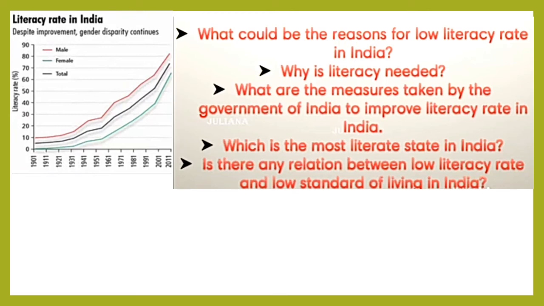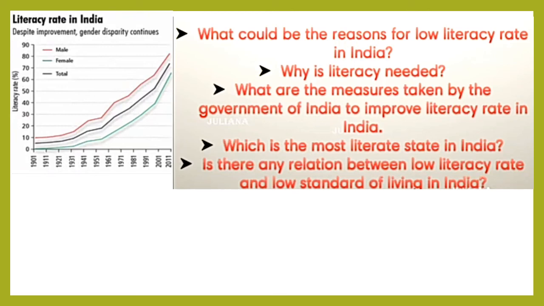As you all know, literacy opens up our mind, it gives us a broader perspective in our life, it helps us in development, it helps us in research, and also in raising the standard of living. Many social evils are faced by people, and all that can be eradicated through literacy.